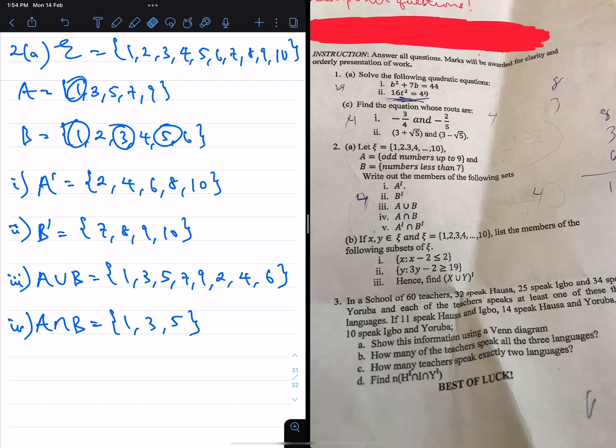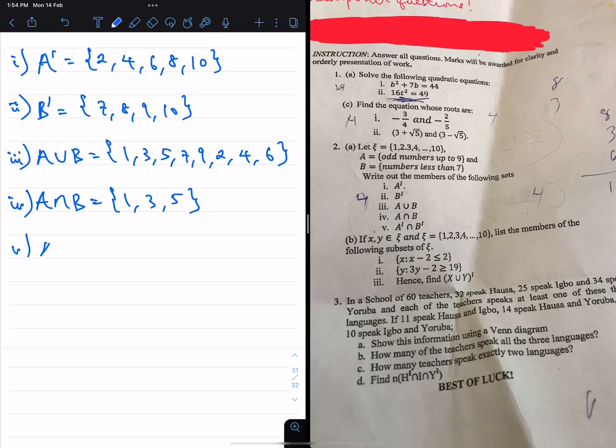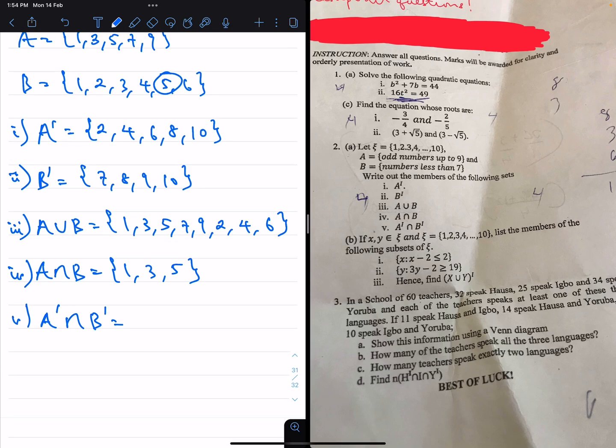Now what's next? Roman figure 5, the elements of the set A complement intersection B complement. Those are elements which are common to the sets A complement and B complement.